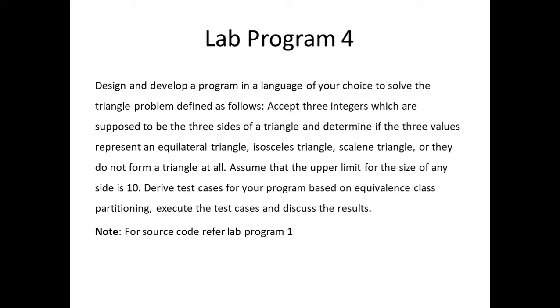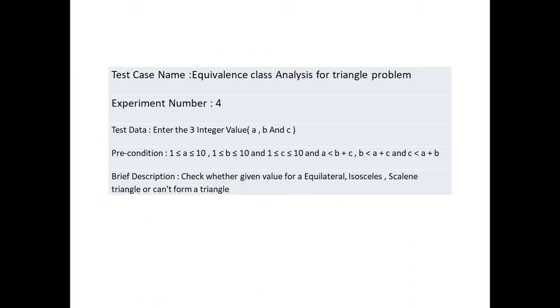In equivalence class testing, there are four types: weak normal, strong normal, weak robust, and strong robust. You have to consider all these to find the test cases. As usual, you need to write the test case name.